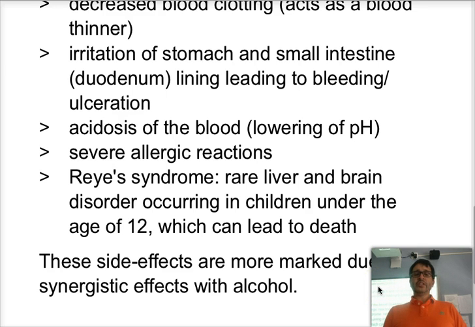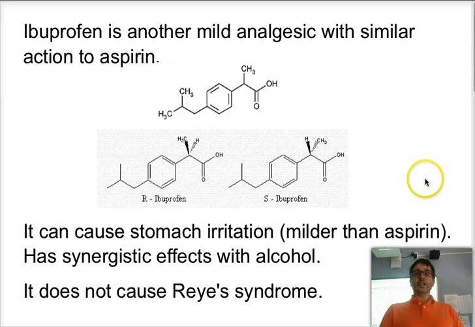All the different side effects that we see for aspirin can be increased by synergistic effects with alcohol. Synergistic effects just means that when acting with something else, it will cause the effects to be more marked. Another analgesic that we can use is ibuprofen, very similar to the action of aspirin.